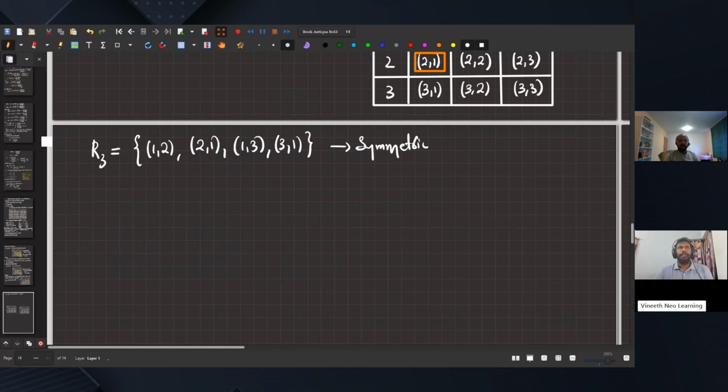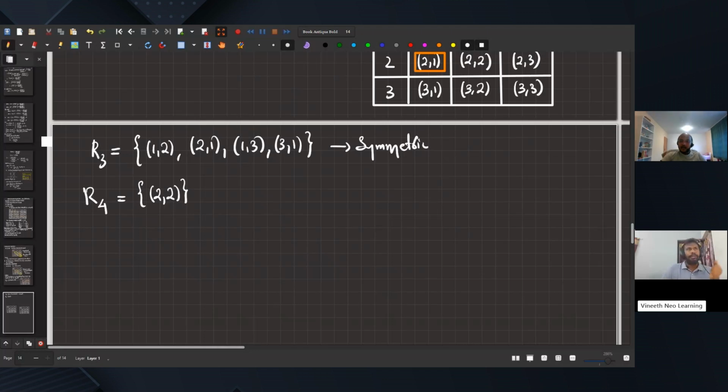Let me give another example. R4 is, look carefully, just (2,2). Is this symmetric? Yes. Is it reflexive? No, it's not reflexive, because all diagonal elements should be present for it to be a reflexive relation. But it is symmetric.